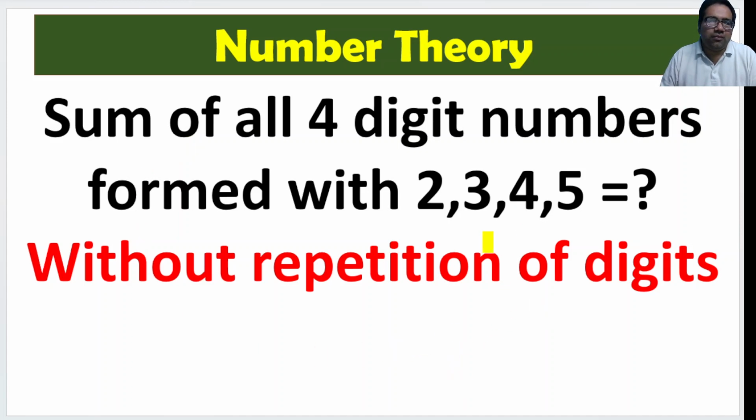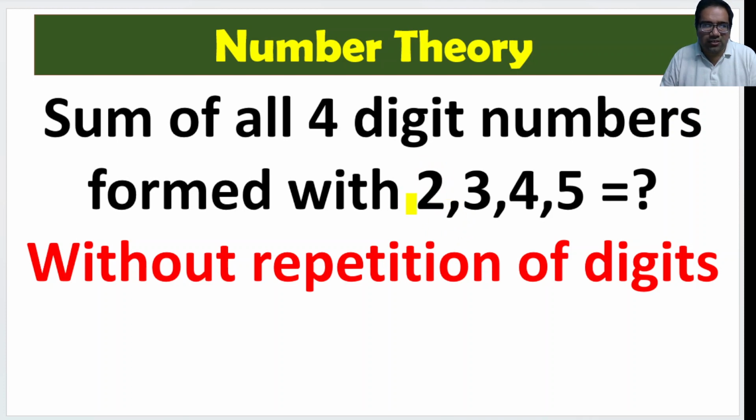Now let's say the first slot is taken by 2. How many such numbers are there in these 24? There will be 6 such numbers. First slot by 3, there will be 6 numbers. First slot by 4, 6 numbers. First slot by 5, 6 numbers.